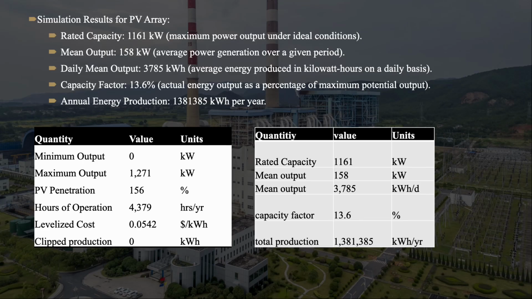These are the specifics that we have chosen for the PV array, and the rated capacity is 1161 kilowatts, and its capacity factor is 13.6%. So from the solar array, we are going to generate 138,138.5 kilowatt hours per year.